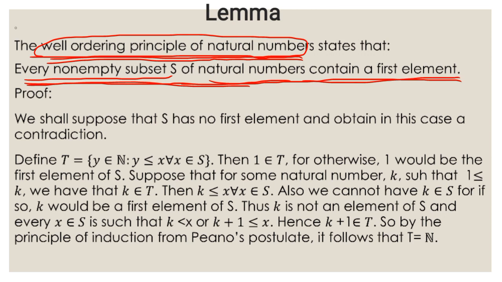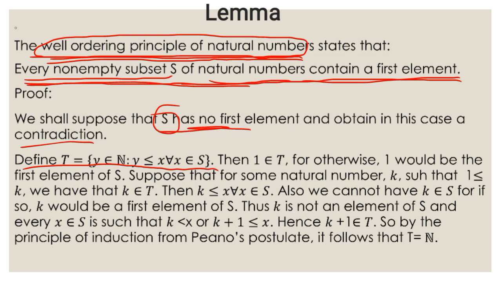And this is the proof. The proof is such that we assume S contains no first element, meaning we're proving by contradiction. So we'll assume that there's no first element in our subset S and see if we get a contradiction. To do that, we first define a set.